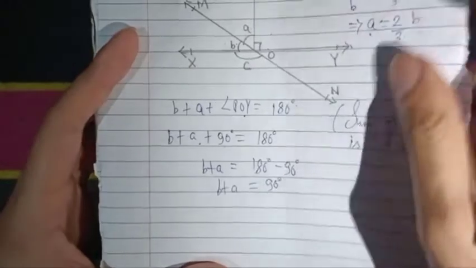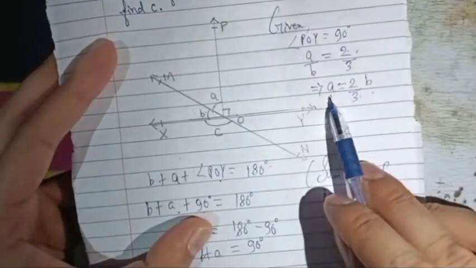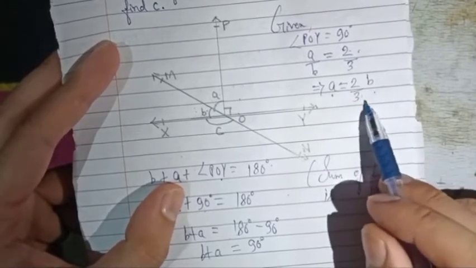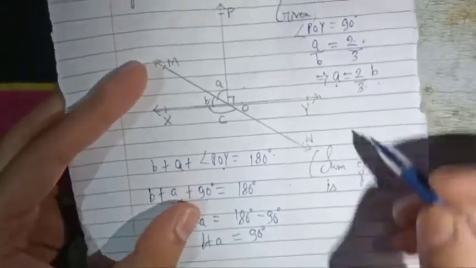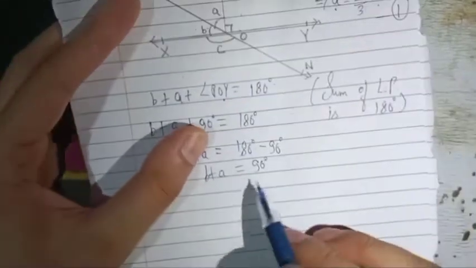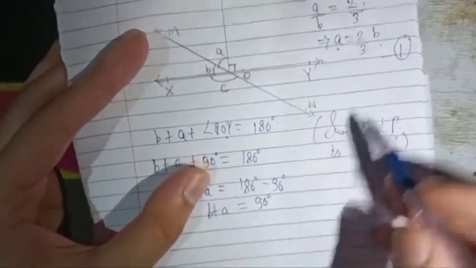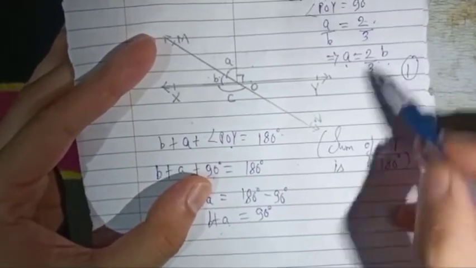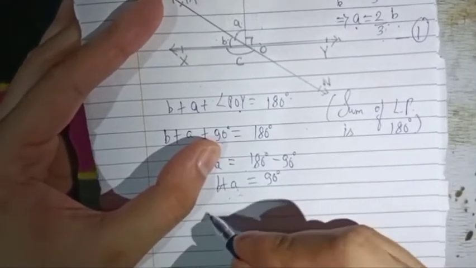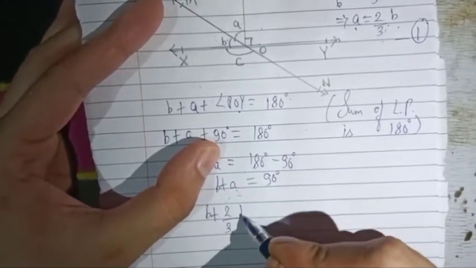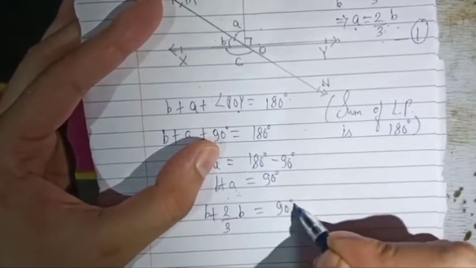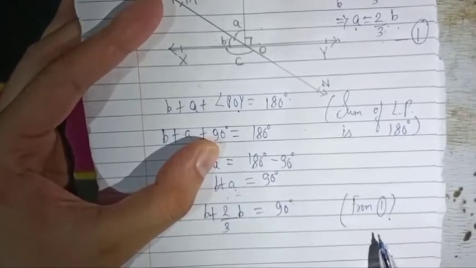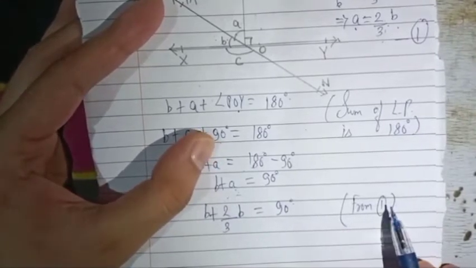Now we will put the value of A. From the ratio we have A equal to 2 upon 3 B, and this value we will substitute in the equation. We take this equation as first, and instead of A we write 2 upon 3 B. So B plus 2 upon 3 times B is equal to 90 degrees, substituting the value from the first equation.